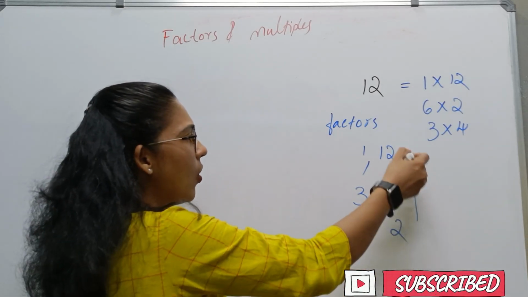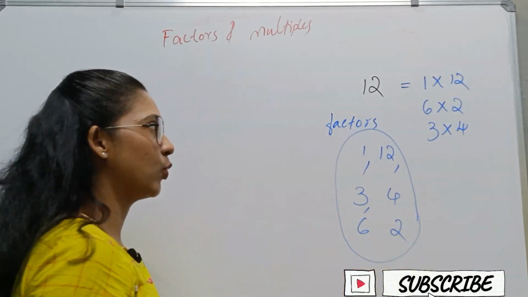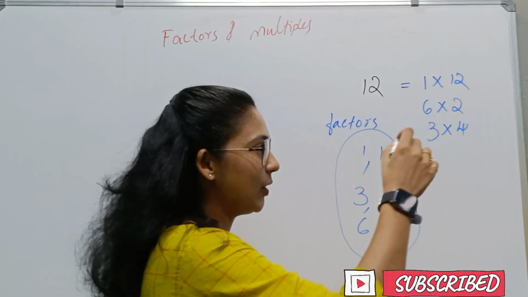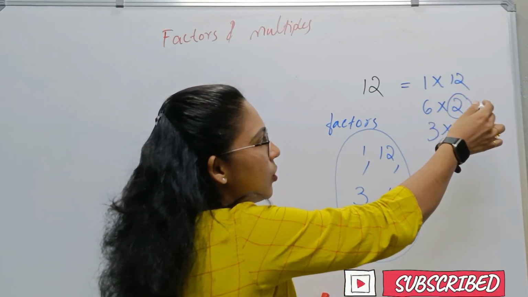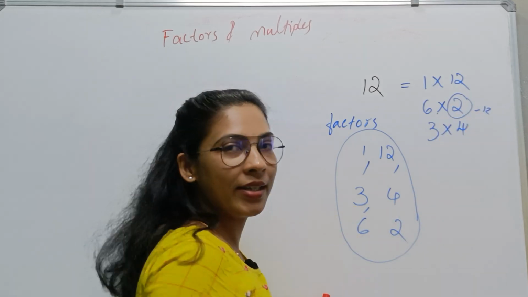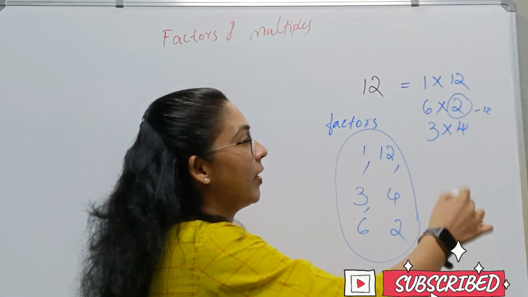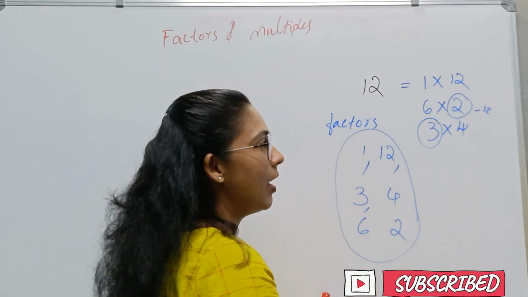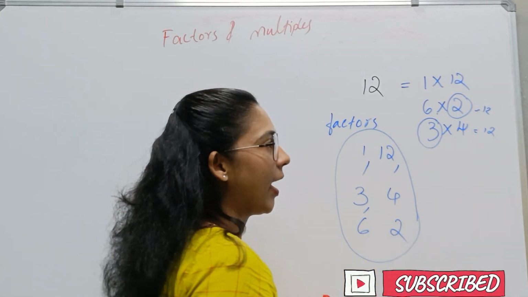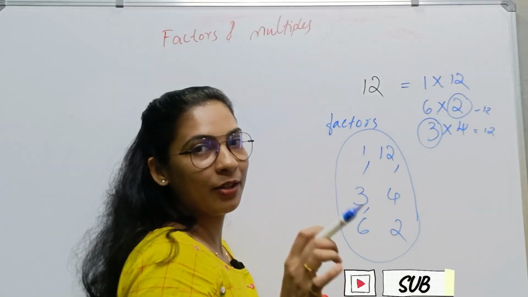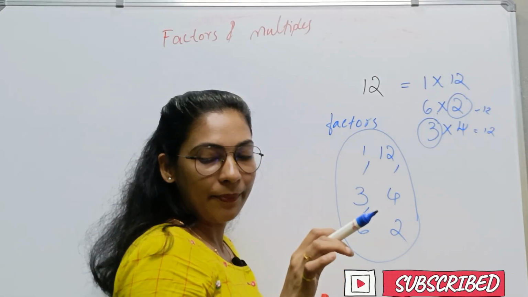All these numbers are said to be factors of 12. In the multiplication table of 2, 6 times 2 is 12, so 6 and 2 are factors of 12. In the multiplication table of 3, 3 times 4 is 12, and we can easily say that 3 and 4 are factors of 12. Okay, it is clear.